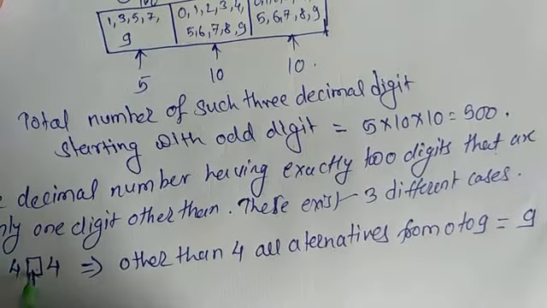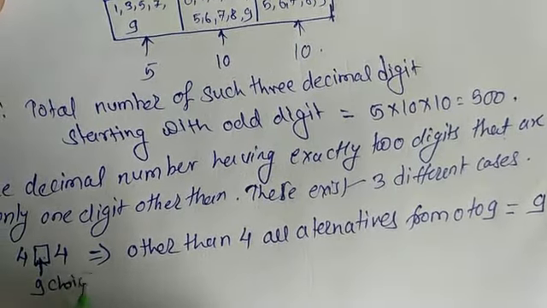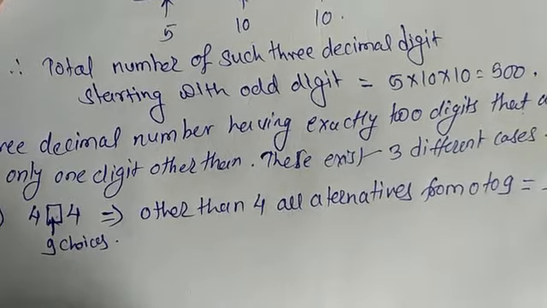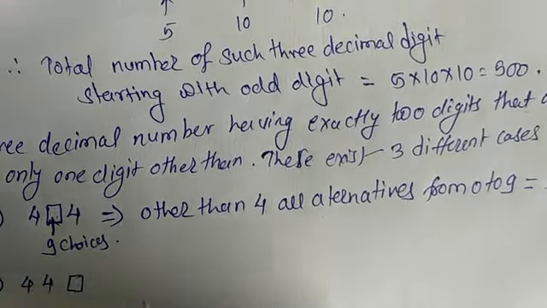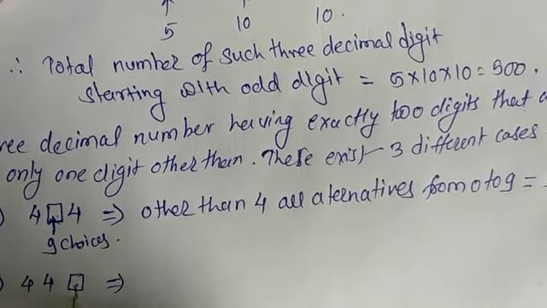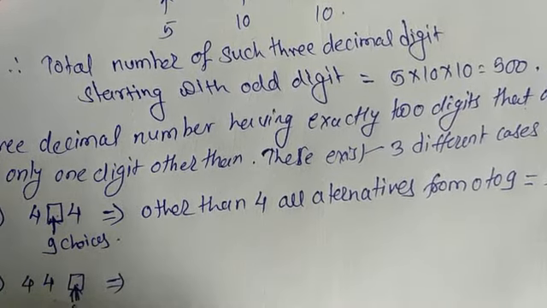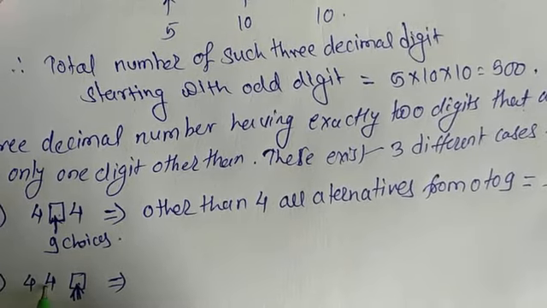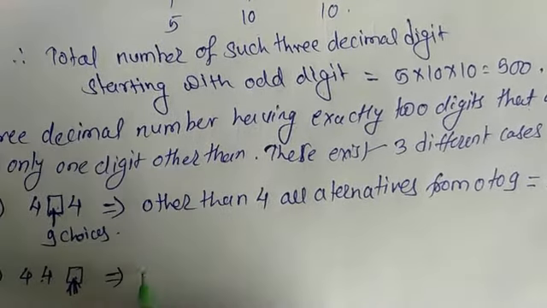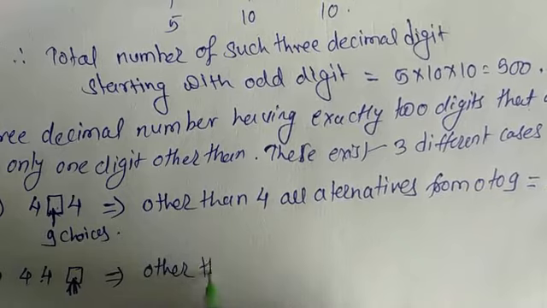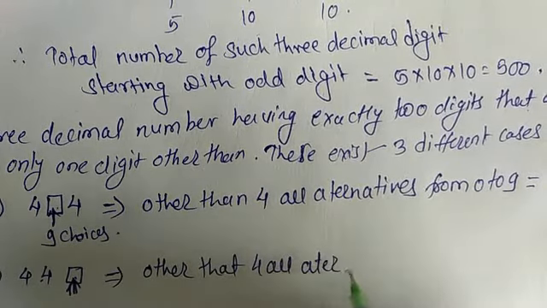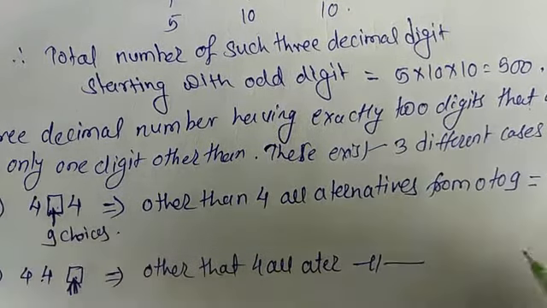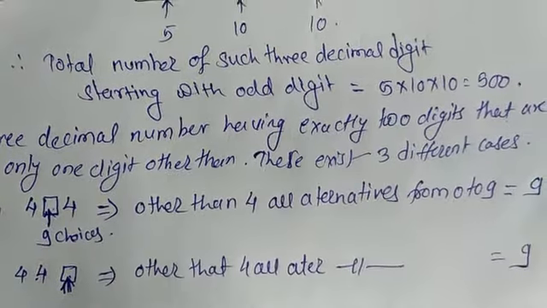The second case is 4, a dash, and 4. That means 4 is used 2 times. Other than 4, all alternatives from 0 to 9 except 4, which is equal to 9 again.